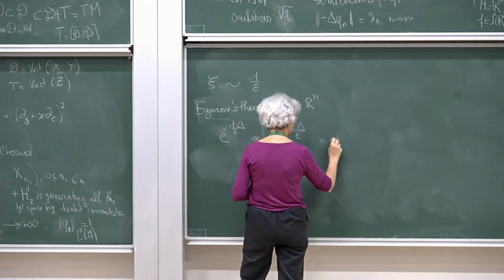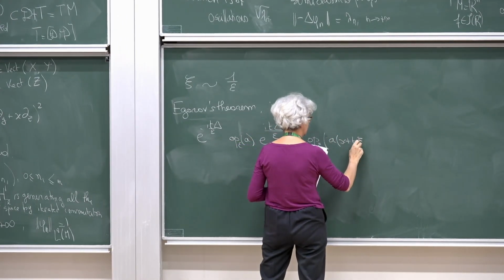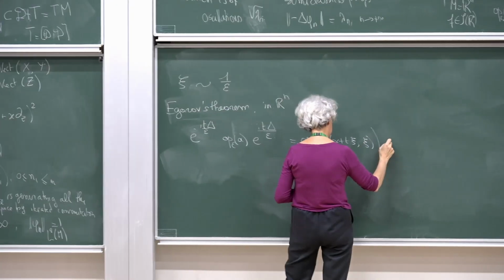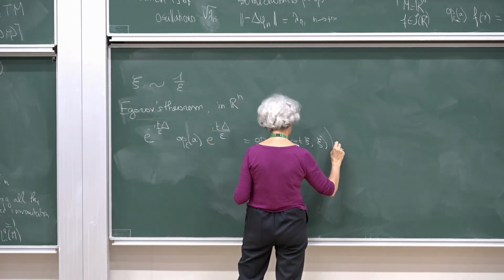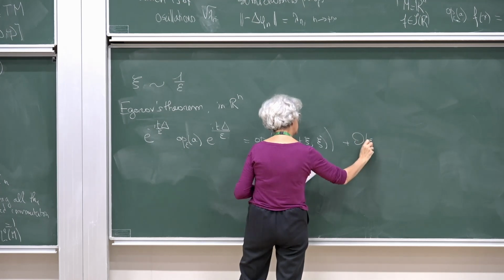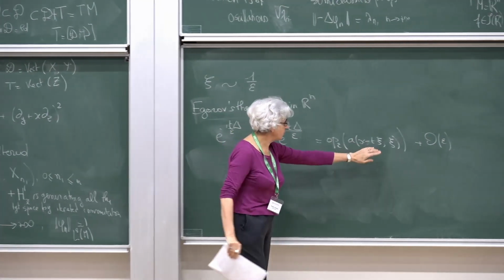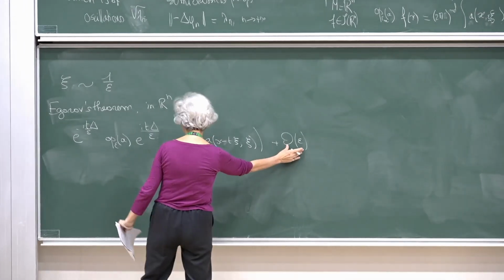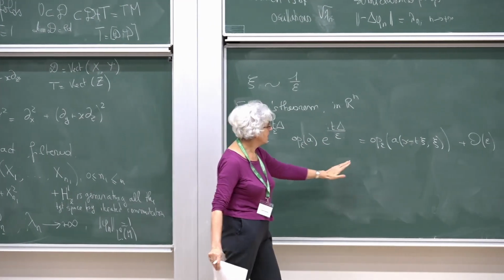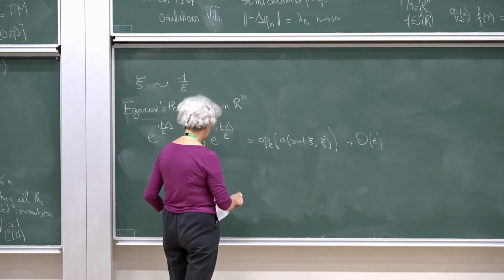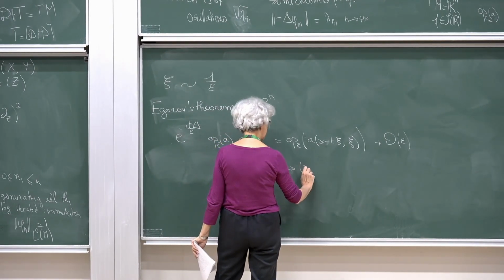This is just a of x plus t psi, minus, I'm not sure of the sign because I may have made something wrong. But the good thing is that, up to lower order terms, the conjugation of a by this propagator is related to a flow. And my flow here is just (x, psi) maps to (x minus t psi, psi).